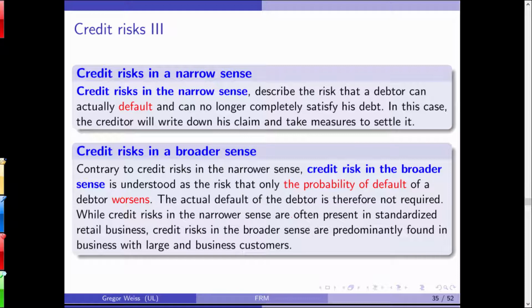So you will have a universe of different default probabilities, and you will distinguish between not just default, no default, but between absolutely safe, well, almost safe, not so safe, close to default, and now he or she is in default. This is what usually you will look at in credit risk management. You will not look at this discrete decision between yes or no default, but you will look at credit ratings, at credit default probabilities. And this is credit risk in a broader sense.